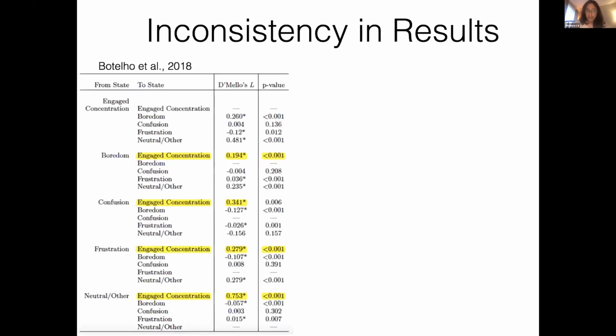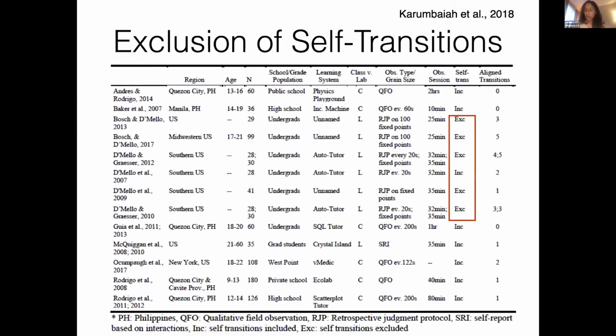A recent paper produced a result which is mathematically impossible, where all the transitions into a particular affective state, in this case engaged concentration, were significantly more likely than chance. So we looked into this and found that this paper, along with a bunch of other papers in the past, have usually had this practice of excluding self transitions.